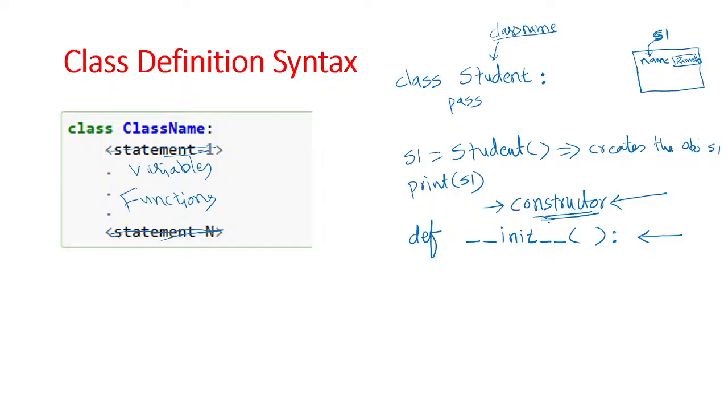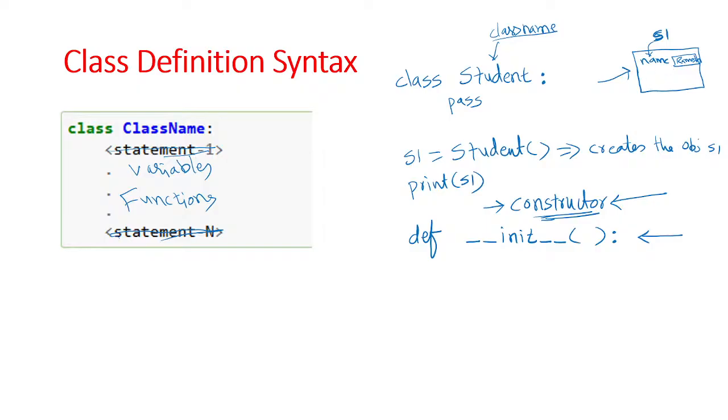When the object is created, memory is allocated for the object, and the values for the attributes will be stored in that memory location. Got it?